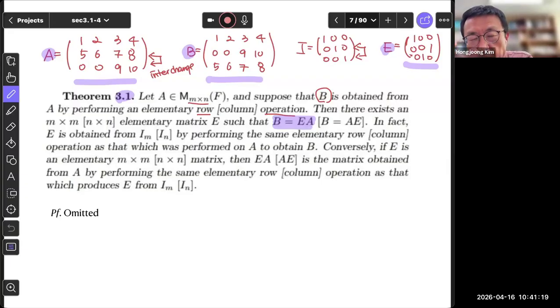It says, given a matrix A, if you perform an elementary row operation on A and the resulting matrix is B, then when you perform the same elementary row operation on the identity matrix to get the corresponding elementary matrix E, the matrix B will be the same as E times A.